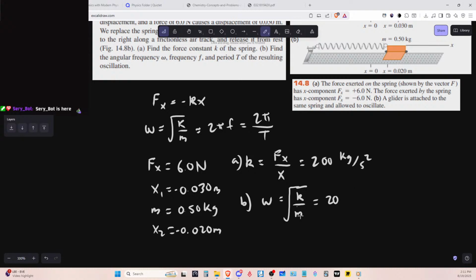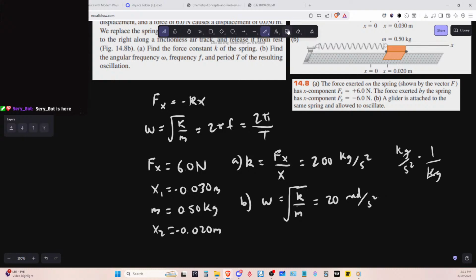We have kilograms per second squared, and that's over kilograms. So these two cross out, and I think this is supposed to be radians, 20 radians per second squared.